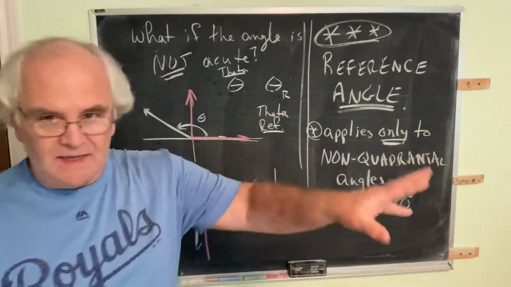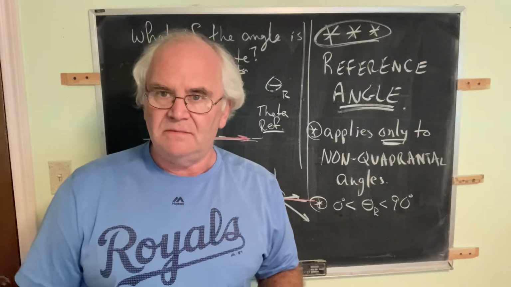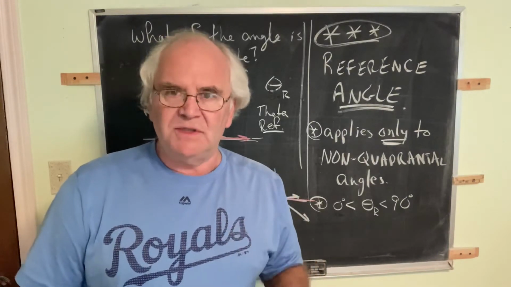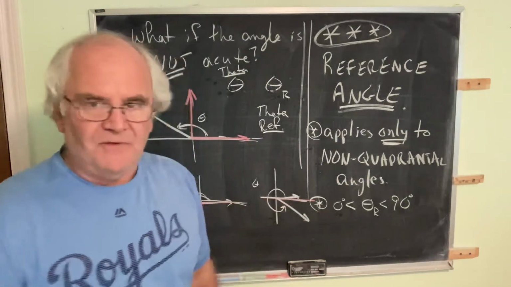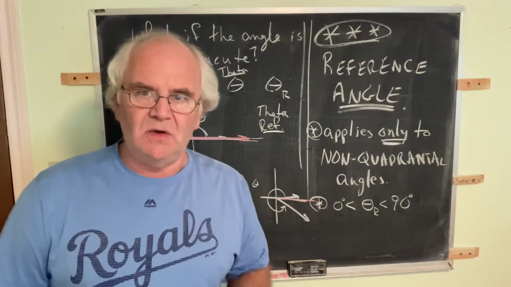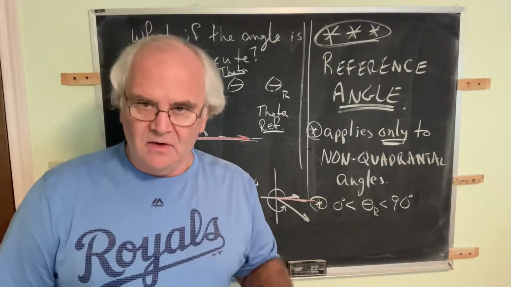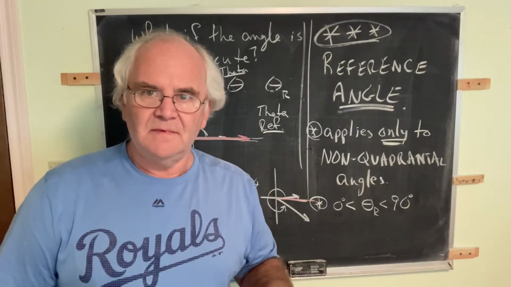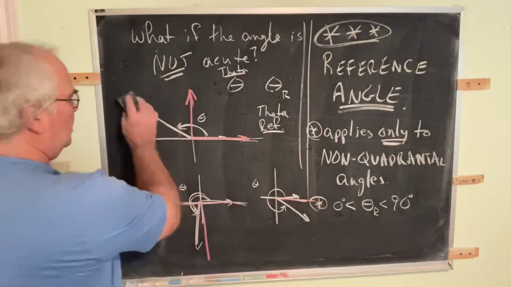No matter what theta is, theta can be anything on God's green earth, but theta reference is an acute angle. No matter what value theta we're starting with, if it is non-quadrantal, then it has a reference angle, and that reference angle is acute. It's between 0 degrees and 90 degrees. Okay, so now let's take a look at the particulars.